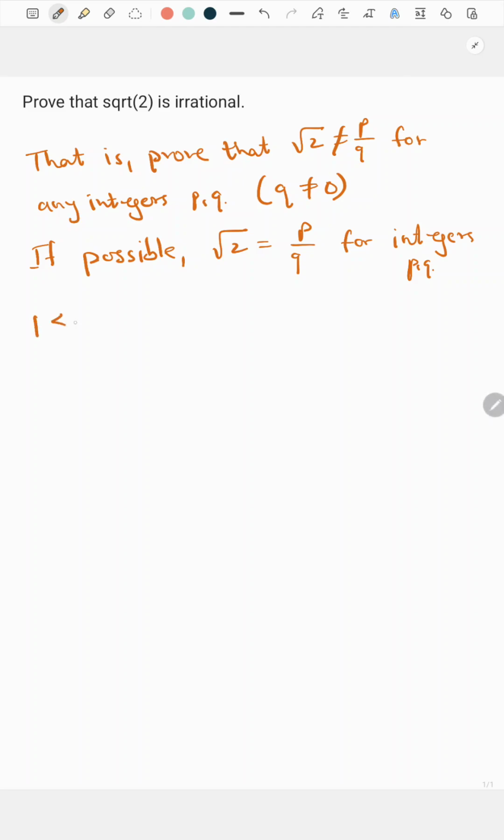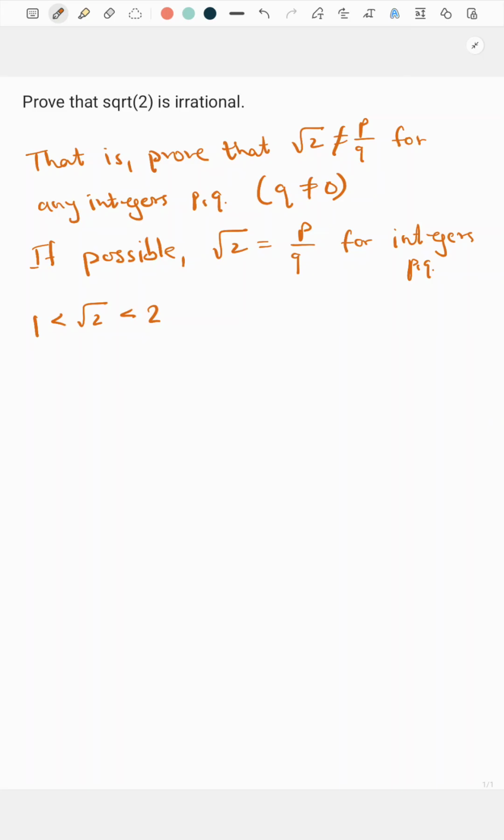So we know that 1 is less than the square root of 2, which is less than 2. If q were 1, that would mean the square root of 2 is an integer, which we know is not. We can assume that p and q have no common factors, because if there are common factors between those numbers, then those are all removed. So p and q are co-prime.